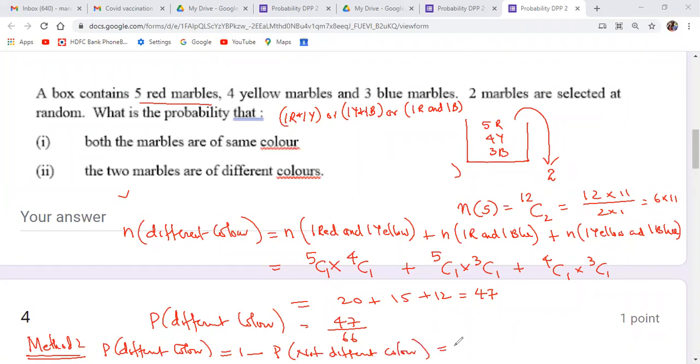They are not different color in 19 by 66 ways. What was the previous answer? 47 by 66. No, not different color, it was same color: 19 by 66. So this way also you can do.